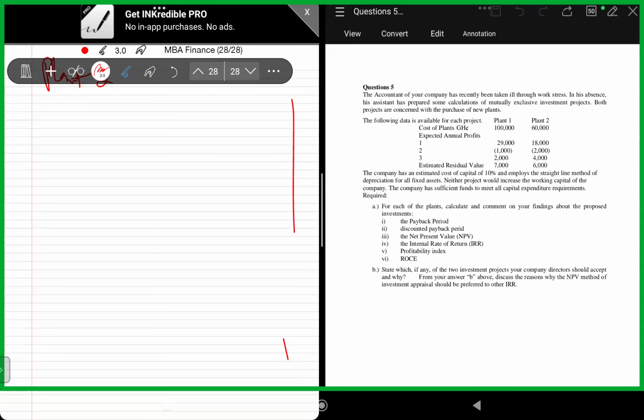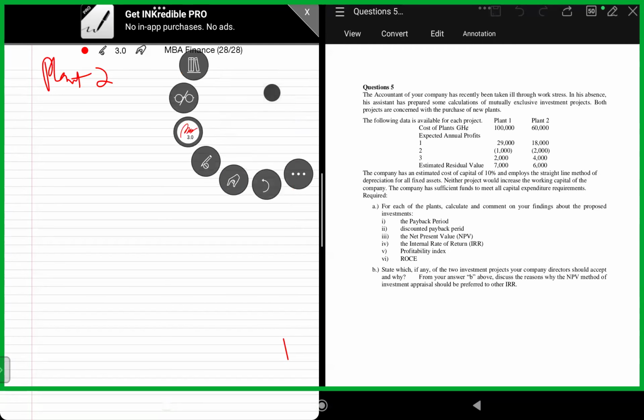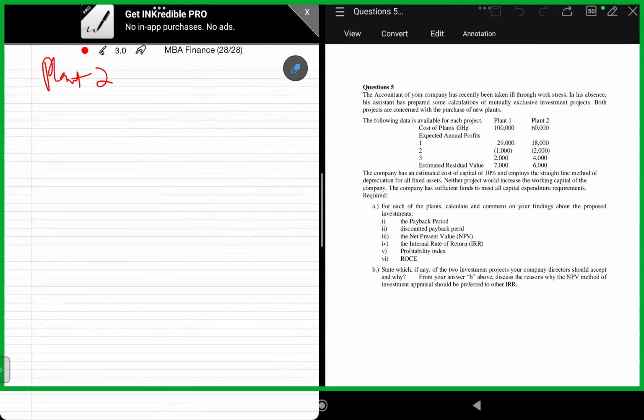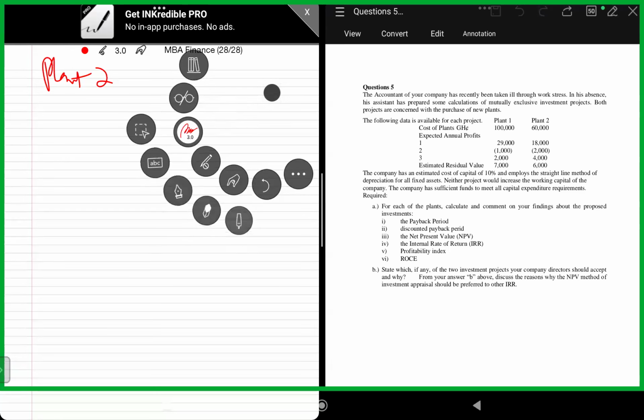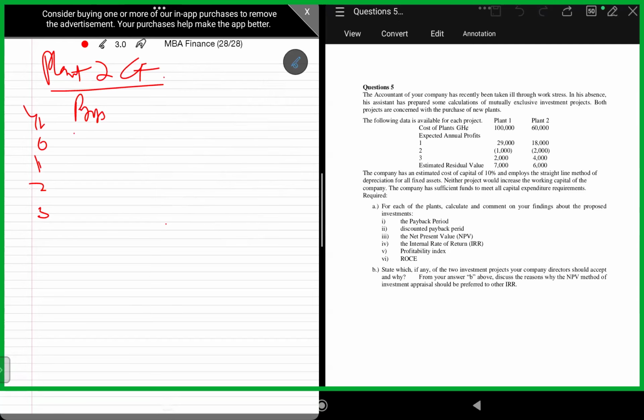So plan 2, cash flow. I'm going to have year 0, 1, 2, 3. Then profits, I have a dash for year 0, then a loss of 2,000, 4,000.